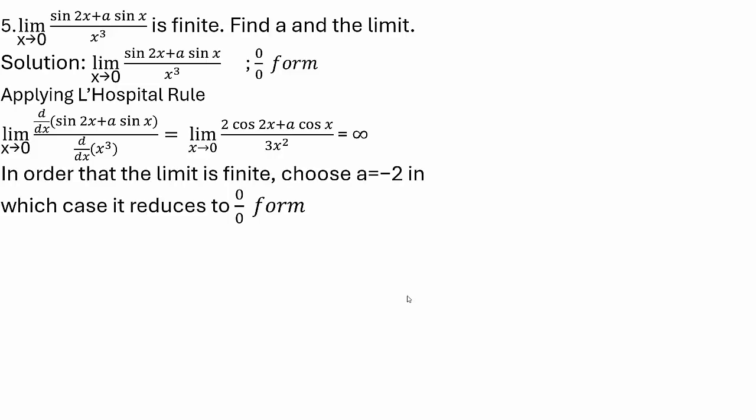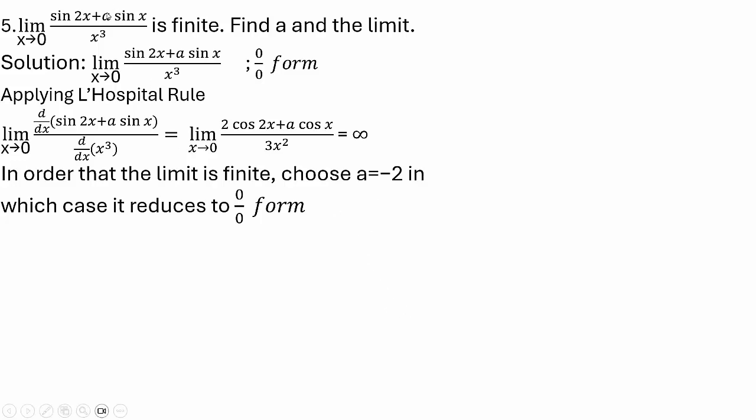But it is given as a finite term. In the problem, this limit is given as finite. For making it finite, we have to choose a such that it becomes indeterminate form and we can apply L'Hospital rule. For that, we choose a equal to minus 2.